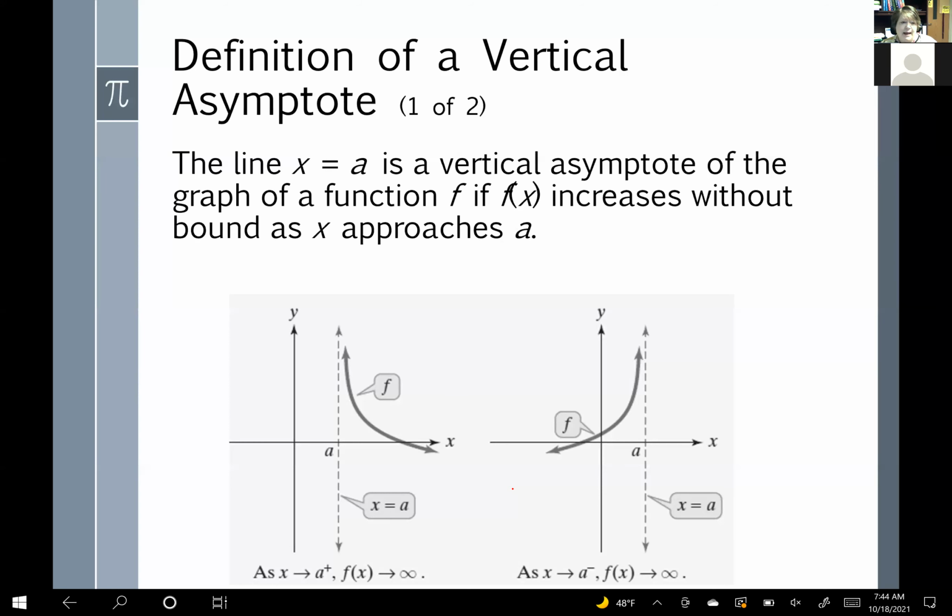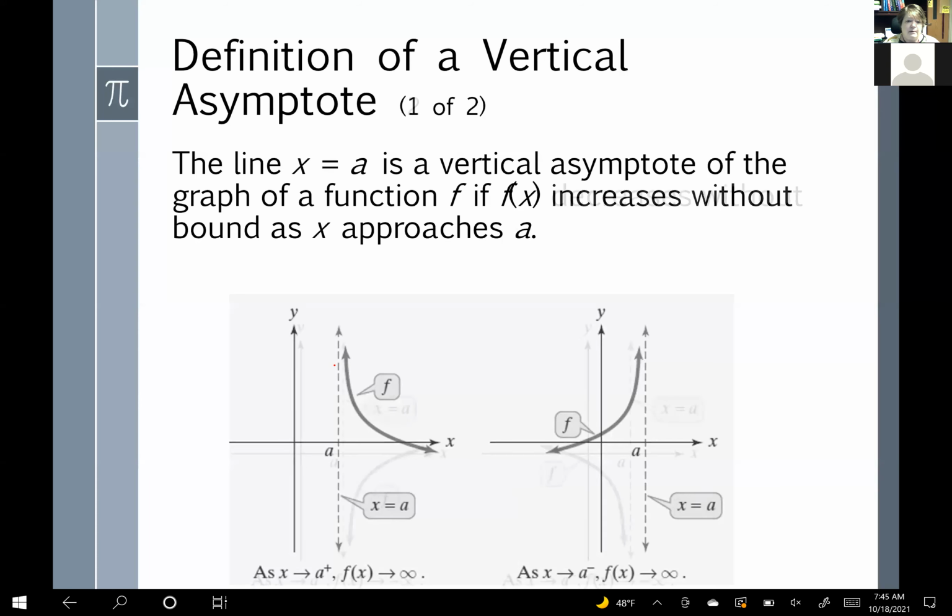As it approaches that line, it can't cross it, it can't touch it, so it comes up and skims it and increases without bound. So a vertical asymptote is a vertical line, x equals a constant, such that your graph cannot cross or touch it. It will increase or decrease without bound as it approaches that line.